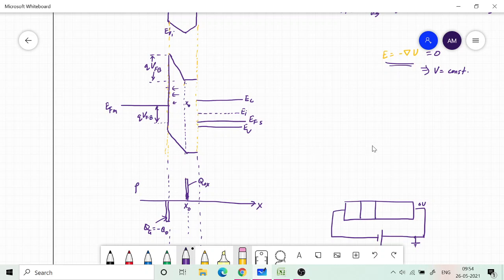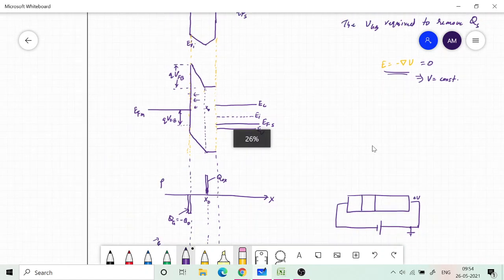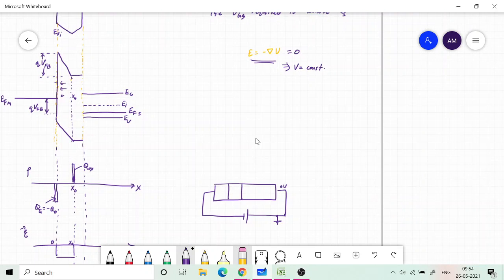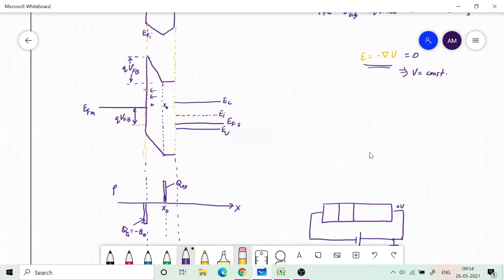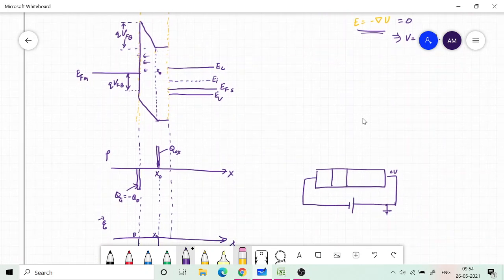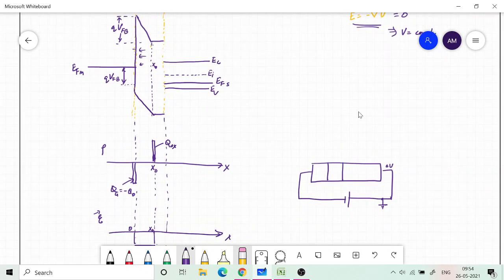So the point to be taken from here is that if there is charge density for oxide charges in the oxide, then I need to apply an additional voltage at the gate in order to flatten the bands in the semiconductor, or to remove any charge which is inside the semiconductor.